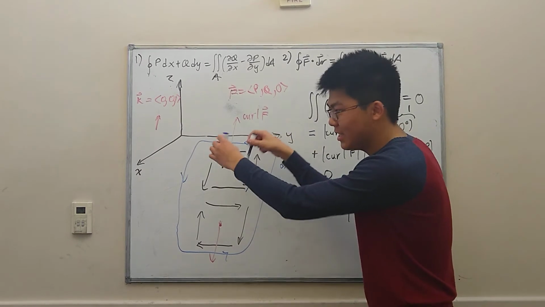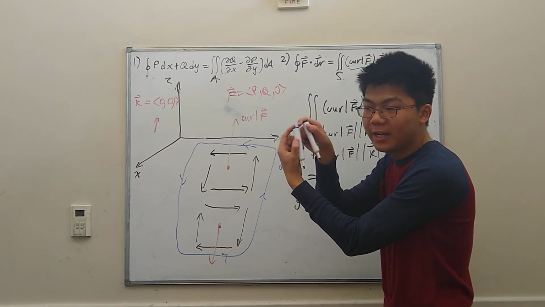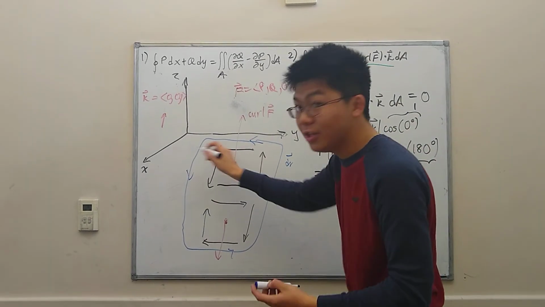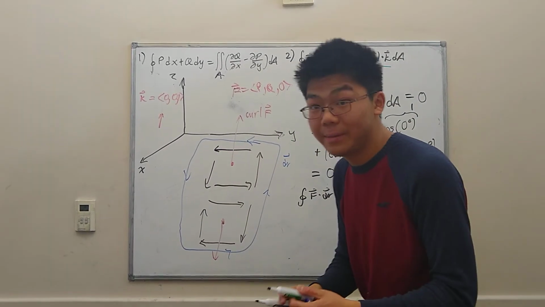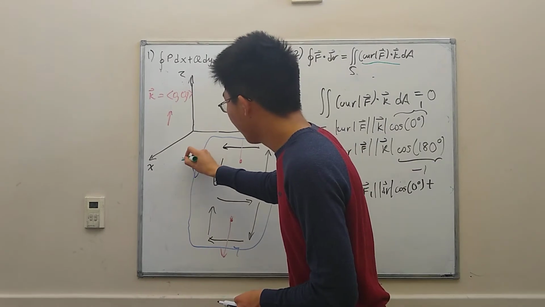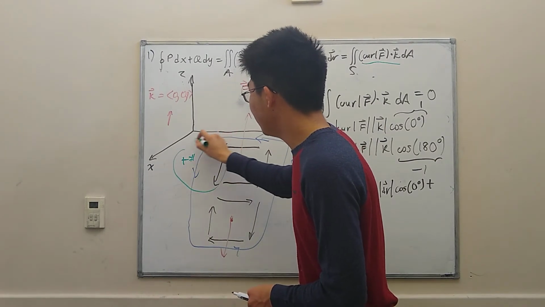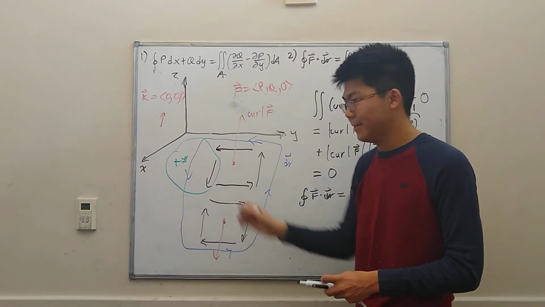So for your segment in space right here, these two are again pointing in the same direction. So that means your value for this area is going to be positive. So you'll have a positive number for this region in space.